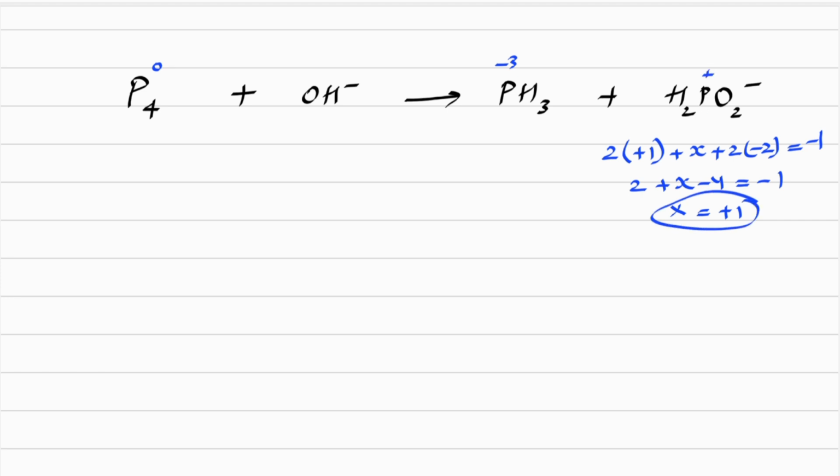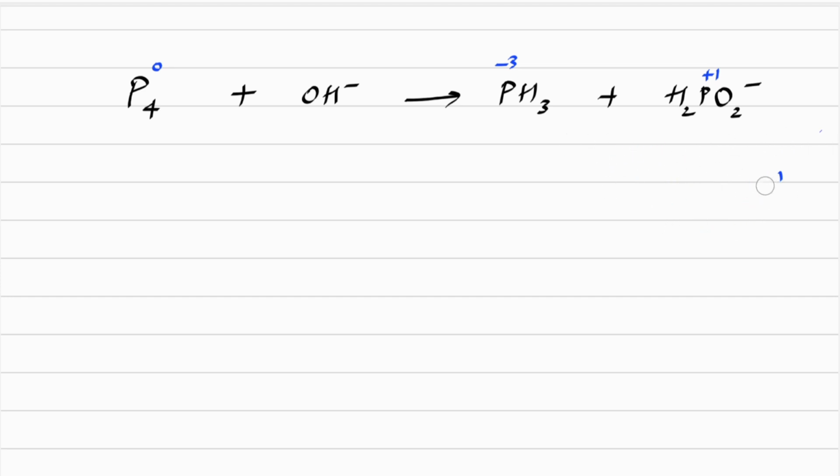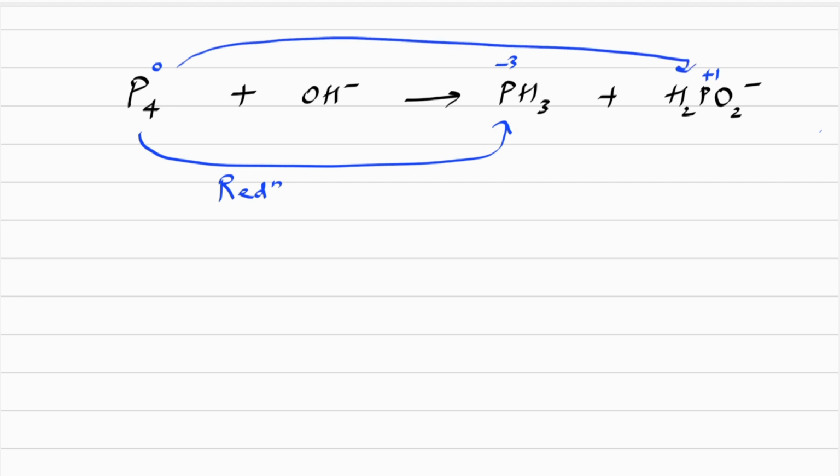So oxidation number of phosphorus here is +1. So we can see that phosphorus is going from 0 to -3 here. That makes it reduction. And it's also going from 0 to +1 here. That makes it oxidation. So phosphorus in the reactant is simultaneously getting oxidized and reduced.